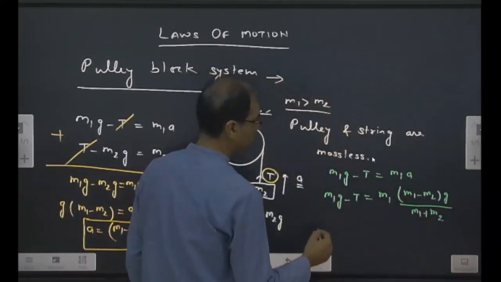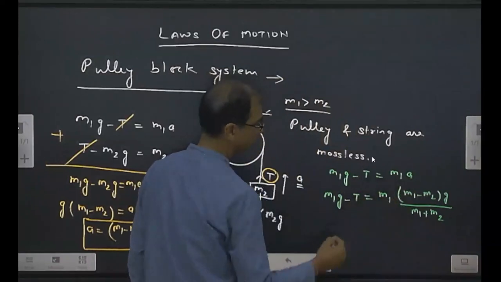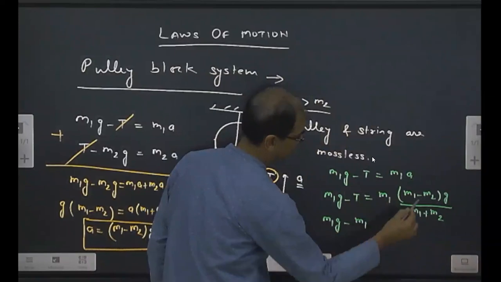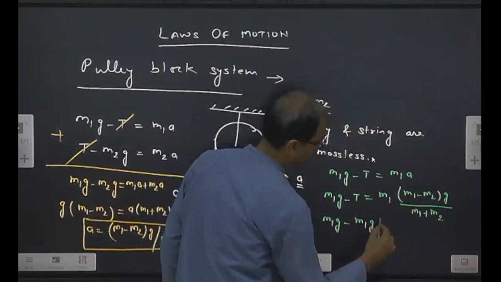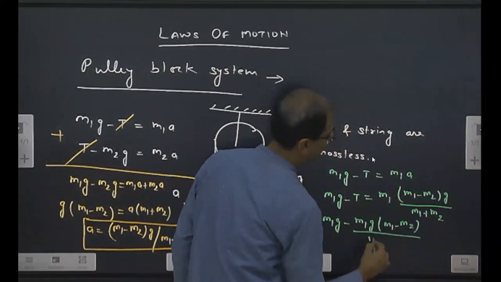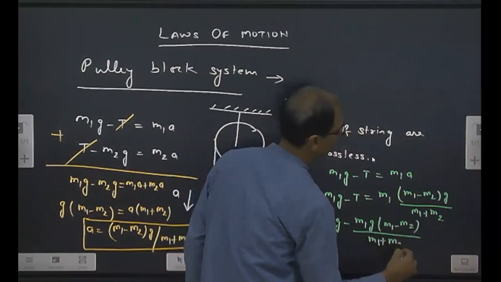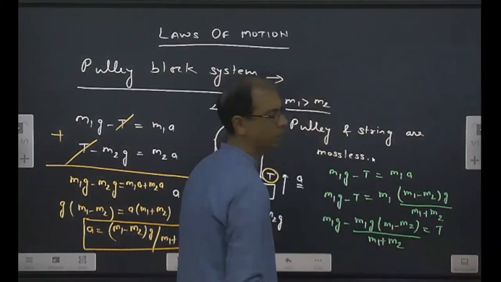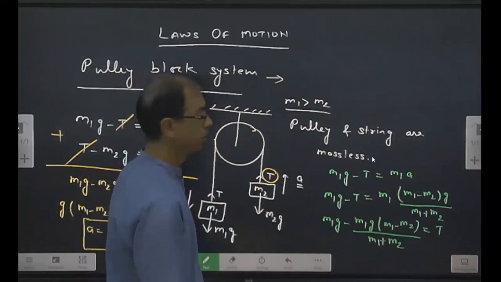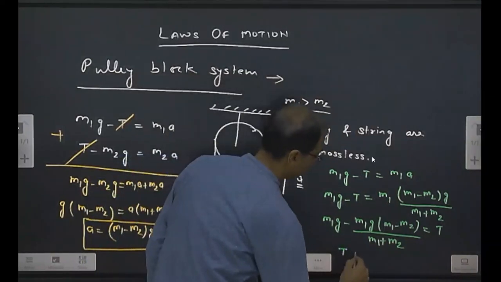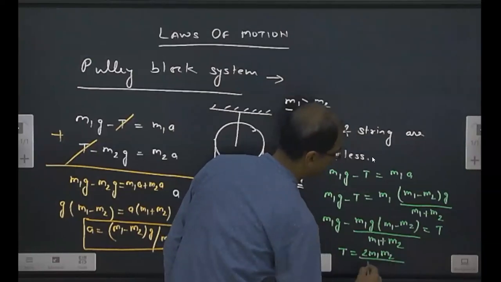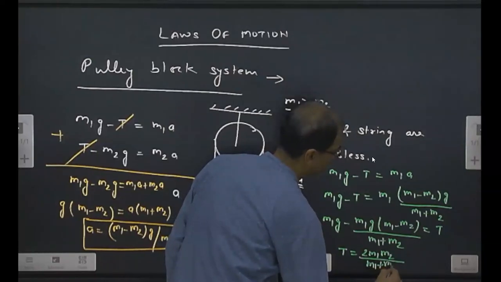Then you bring it here, take tension over there. m1g minus m1g into (m1 minus m2) by (m1 plus m2) equal to T. When you solve this one, you are going to get 2m1m2g by (m1 plus m2). T value will come 2m1m2 by (m1 plus m2) into g.